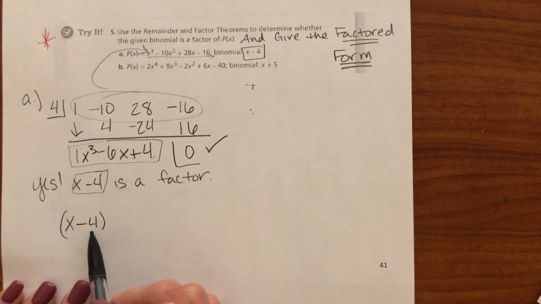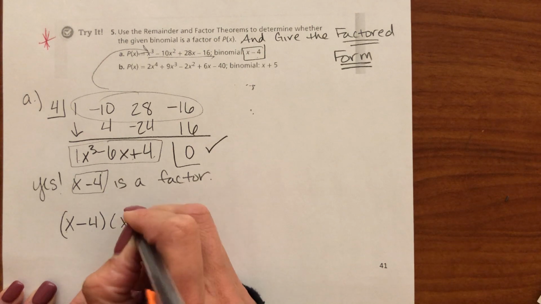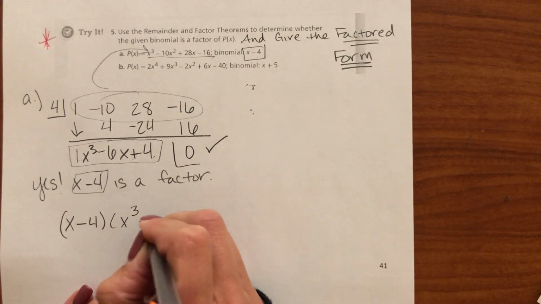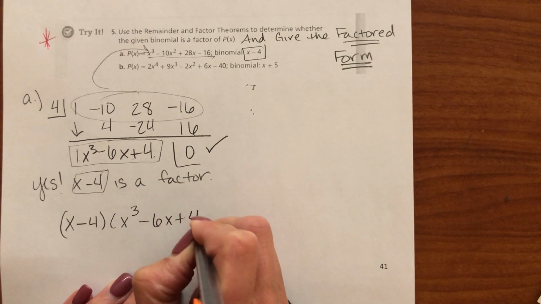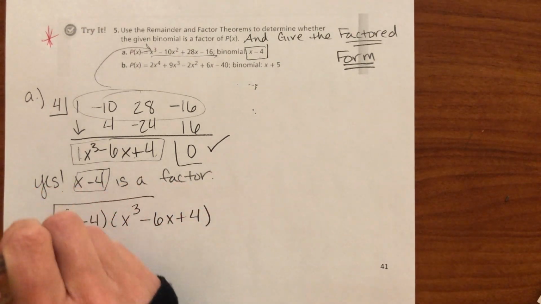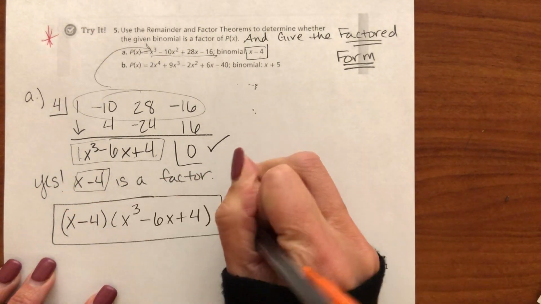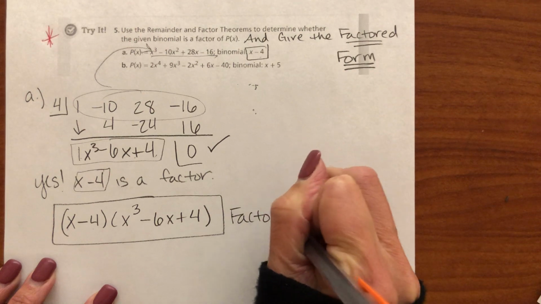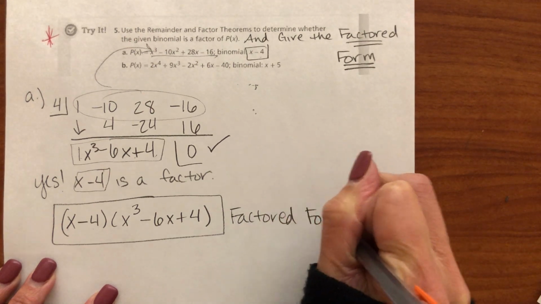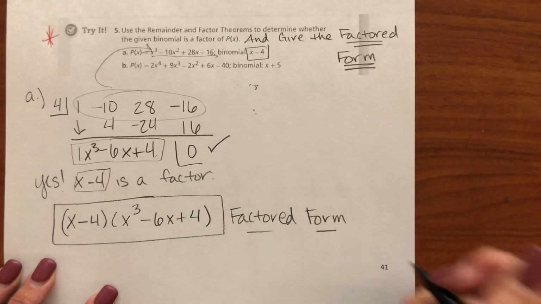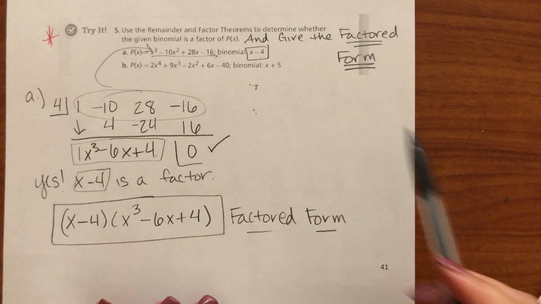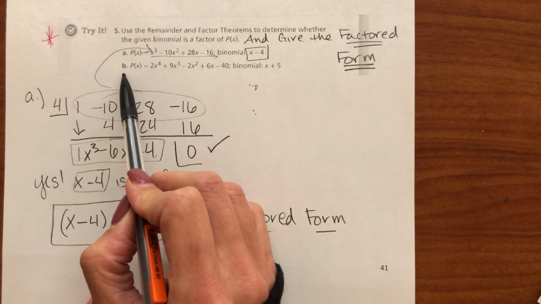And you can say x minus 4 times x to the third minus 6x plus 4. And this is called factored form. Okay. Try it with this one.